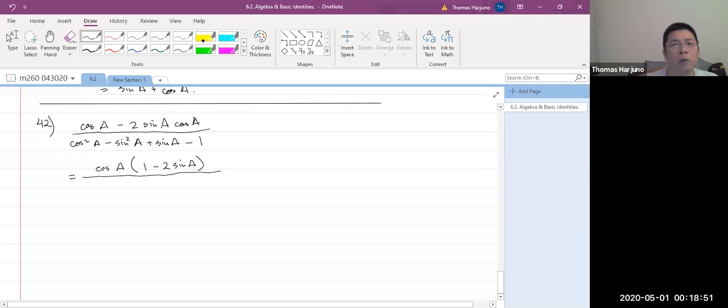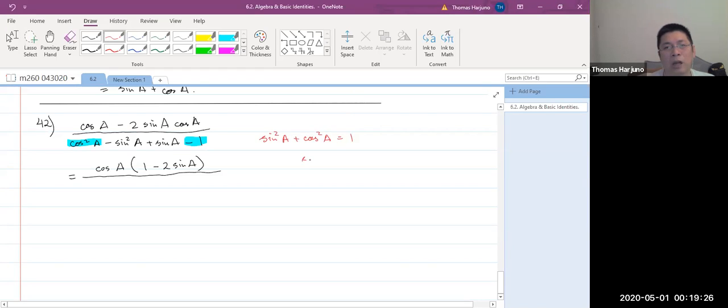Now, for the denominator, honestly, I look at that, I get a bit confused until I realize I can actually combine these two. This one here, minus this guy. What will that be? Sine squared A plus cosine squared A equals 1.